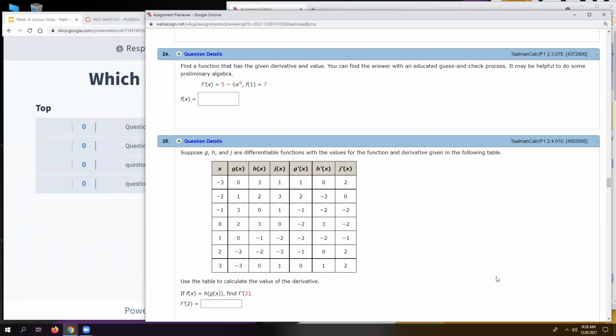It is possible for you to do this all in one step with the reverse power rule that says the antiderivative is going to be 1 over k plus 1, x to the k plus 1. You might know that formula. That's fine too.